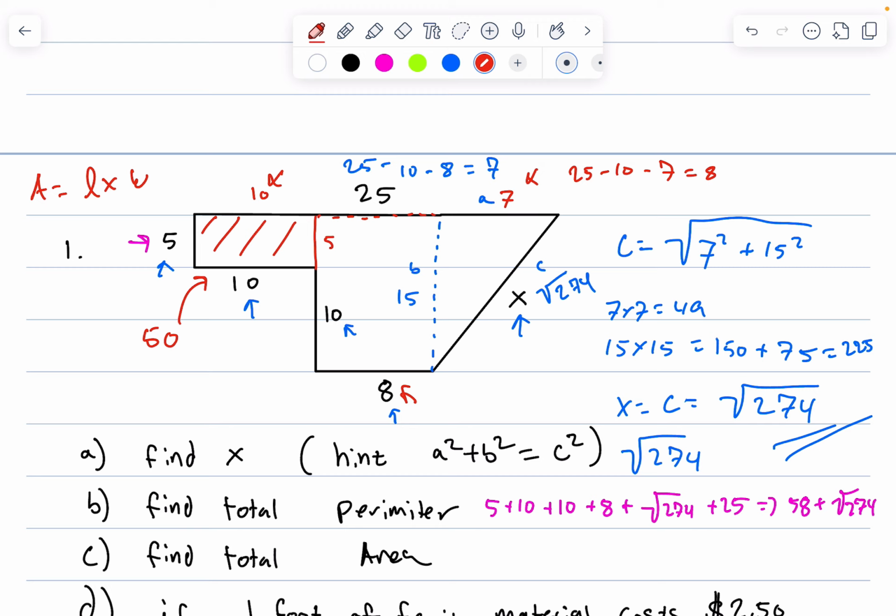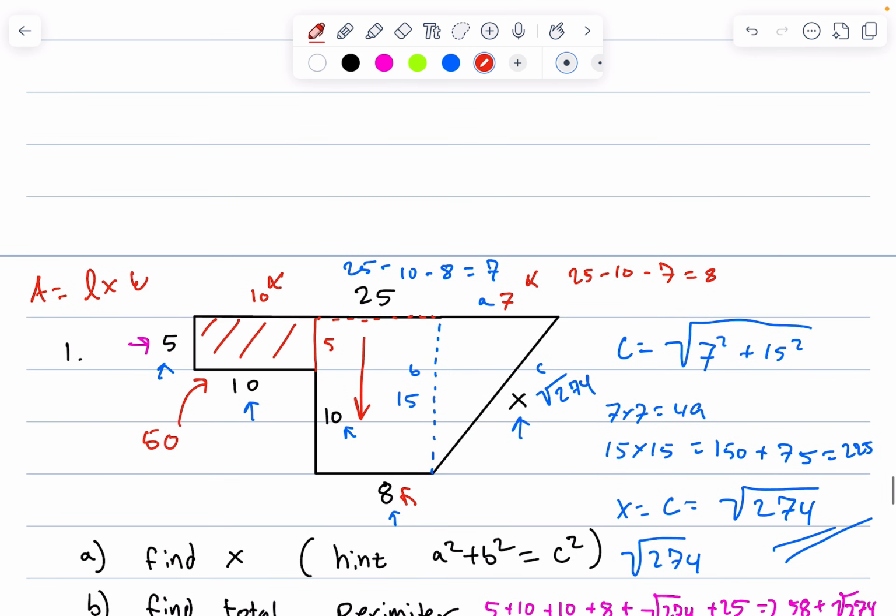Now you have 8, and the total length of this one is 15 because you have 10 here and 5 there. So now this rectangle is 15 times 8, which is 120.